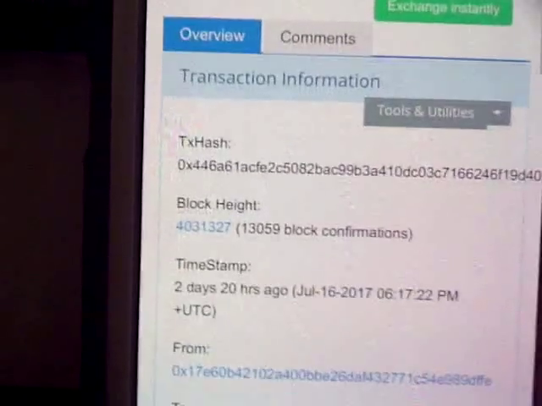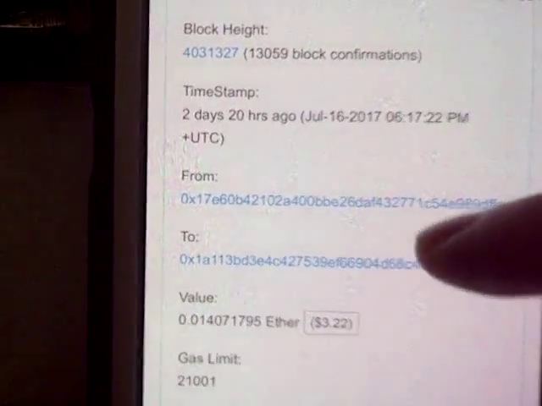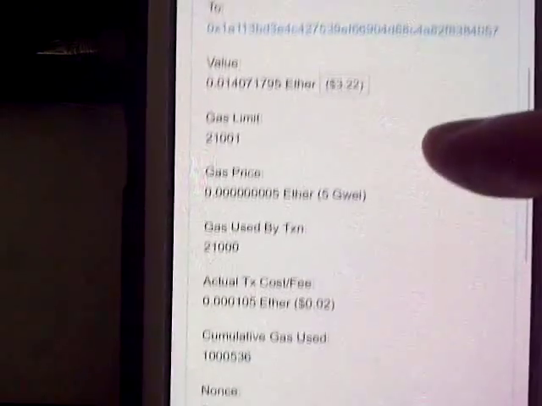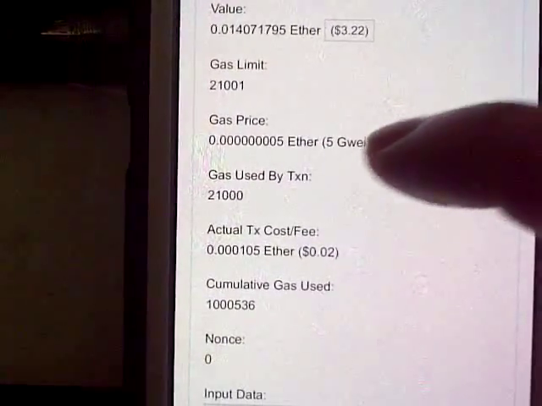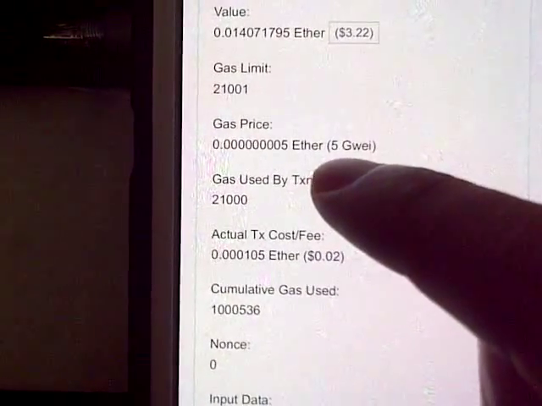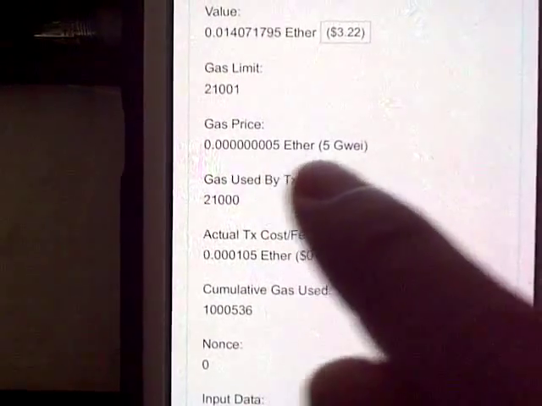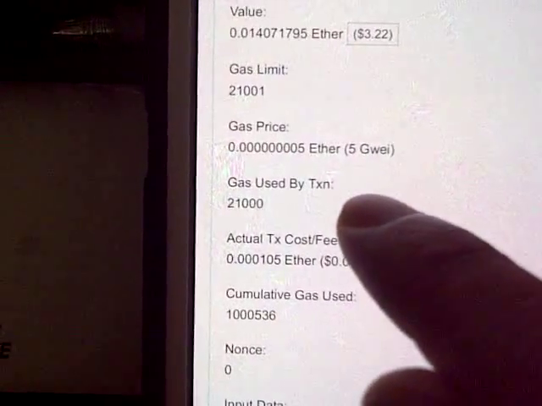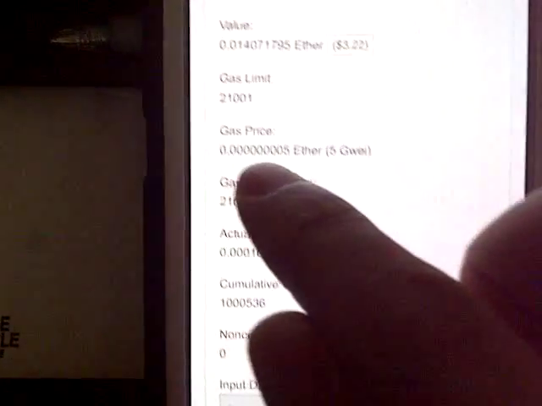And the reason, here's a confusing part with Ethereum. All right, so here's a gas limit. This is what Brian paid. He paid 5 Gwei, which represents this number right here.